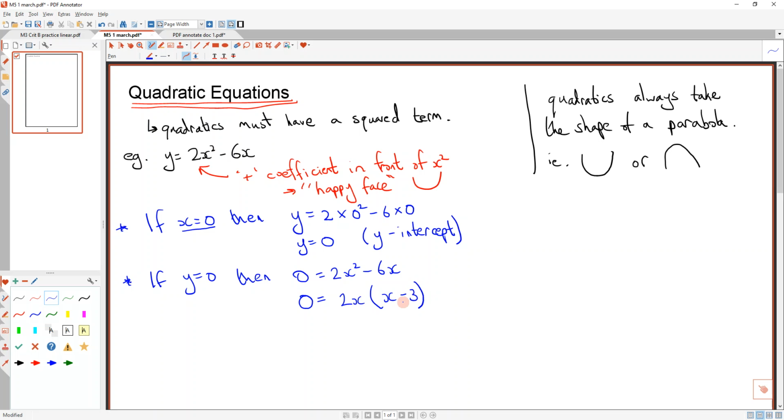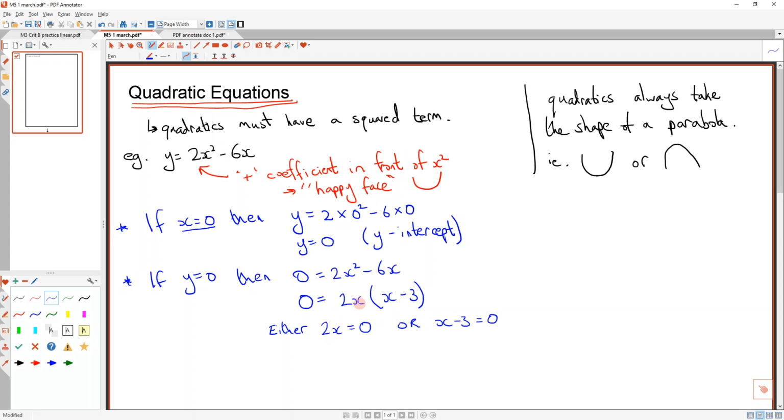Good. So once you factorize, we can see that these two things, 2x multiplying x minus 3, equal 0. So either 2x is equal to 0 or x minus 3 is equal to 0.